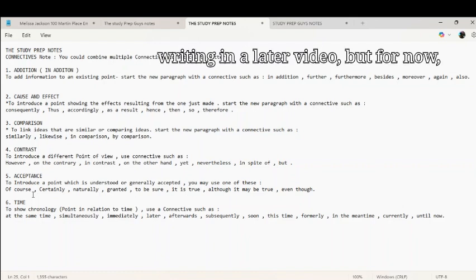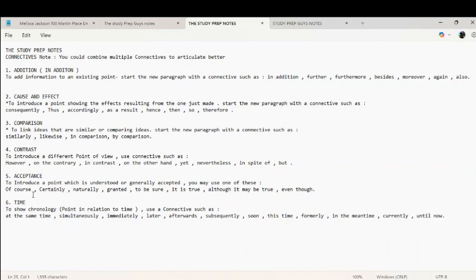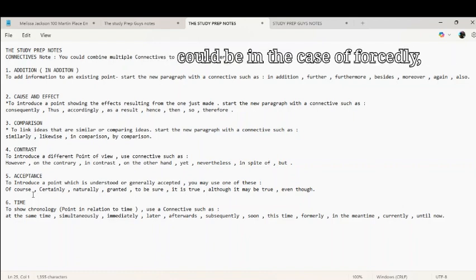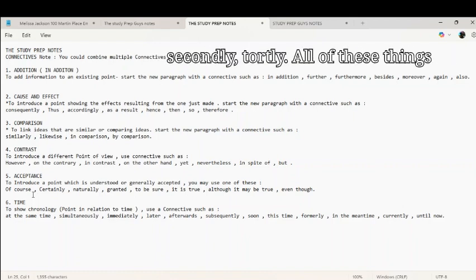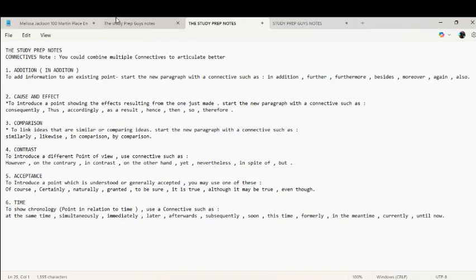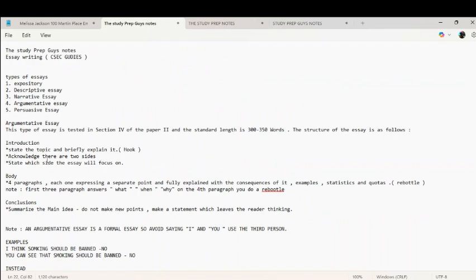We will go into story writing in a later video, but for now, whenever you're going to write an essay, you need to show chronology. This could be in the case of firstly, secondly, thirdly. All of these things need to be included.